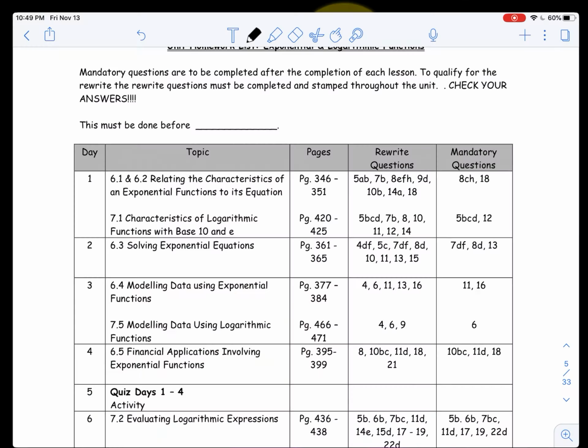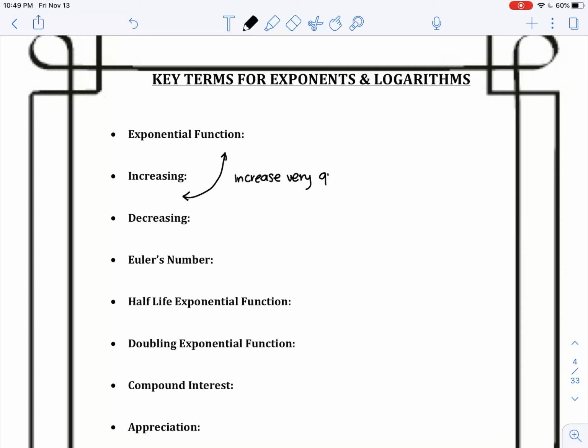Exponential functions can be either increasing, where they increase very quickly, or you can have exponentials that decrease very quickly, so they look like this.